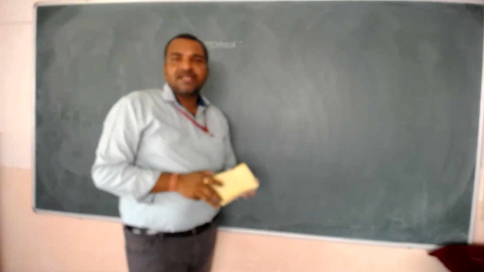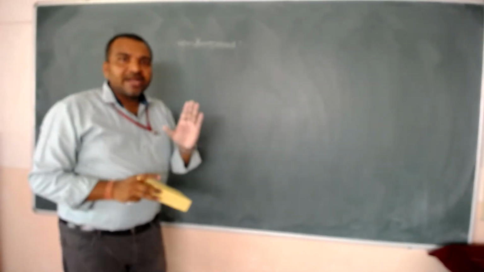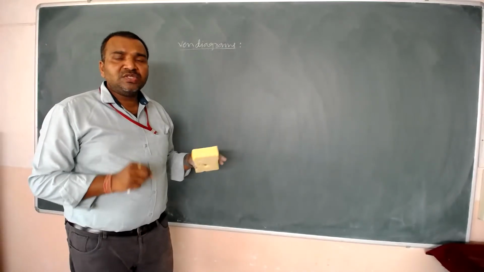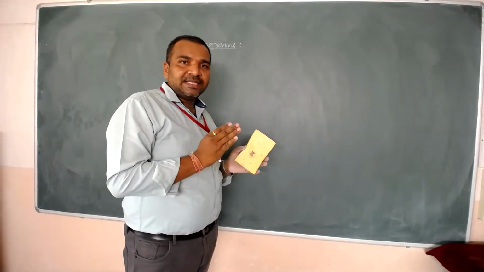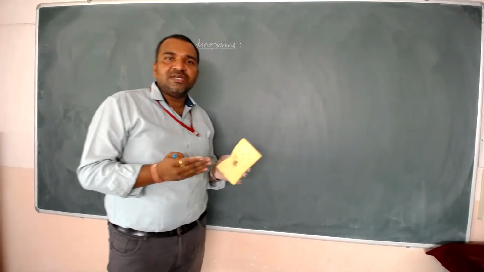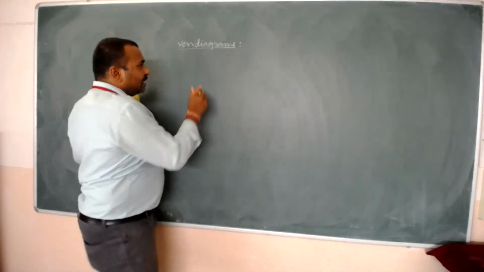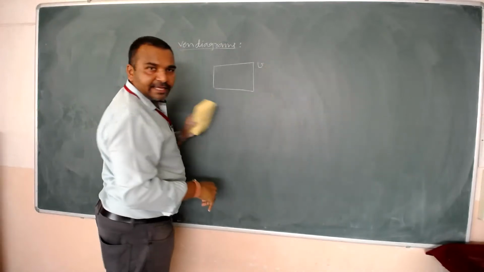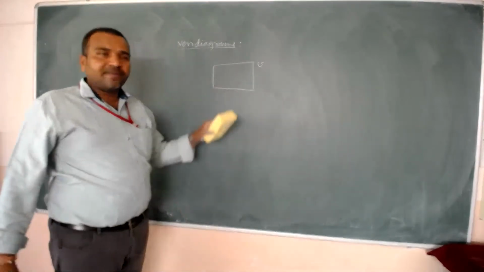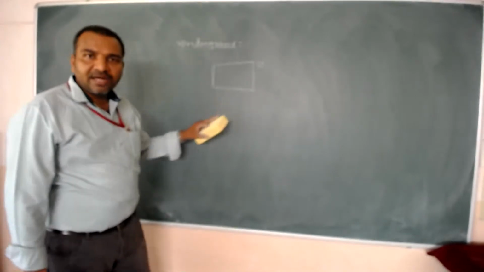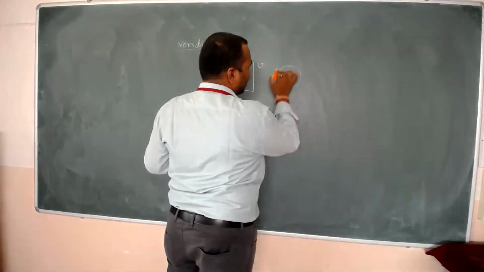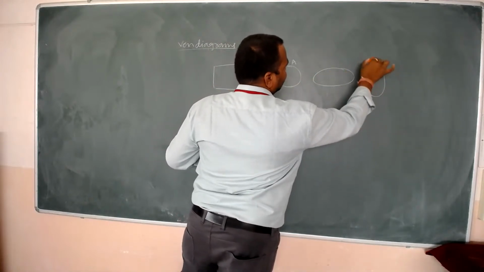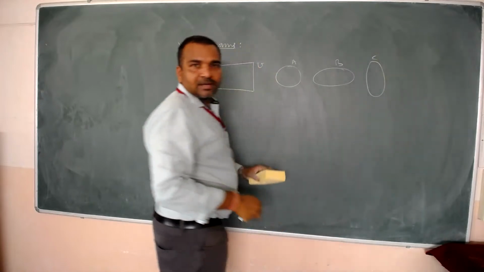Venn diagrams are the diagrams which are used to represent the relation between sets. Generally, the universal set is denoted by a rectangle, and all other subsets are represented with a circle or oval. Clear?